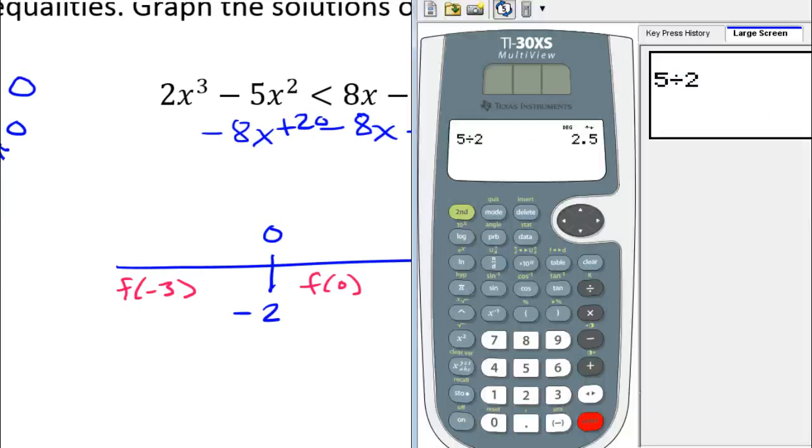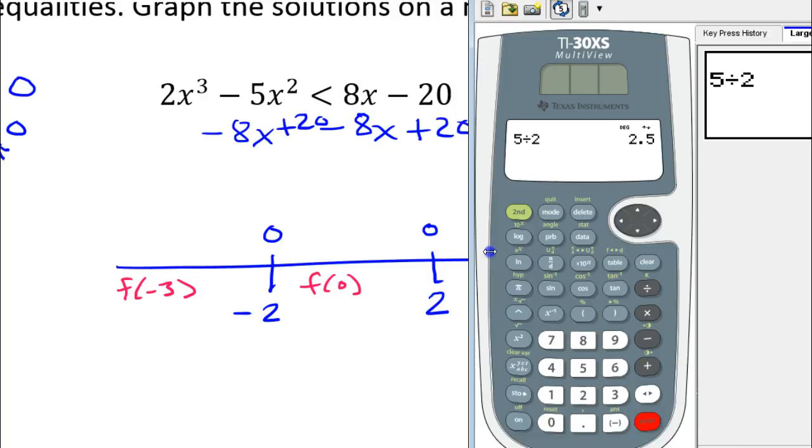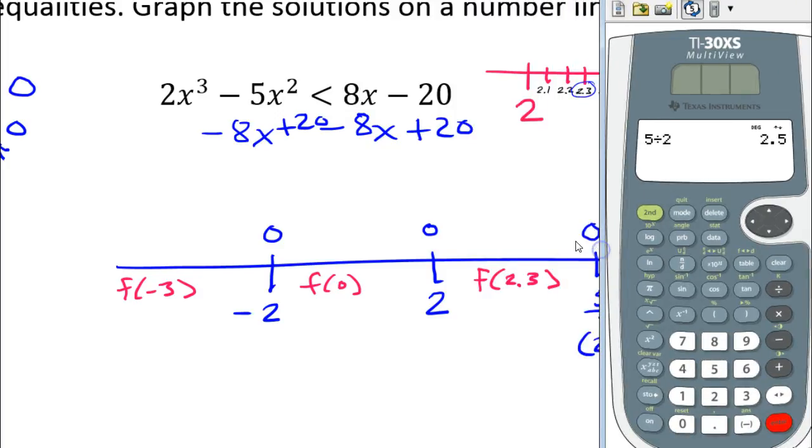So to do that, we're going to use our TI-30XS MultiView. Let's use the table feature. And you know what? We already typed this into the calculator a moment ago. So that makes it easy for us. So I'm just going to go ahead and use this. We're going to be using the ask feature, so it doesn't matter where you start. Alright, so I'm checking out -3 and 0.